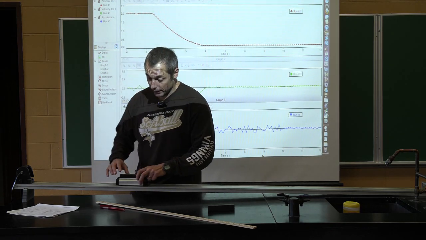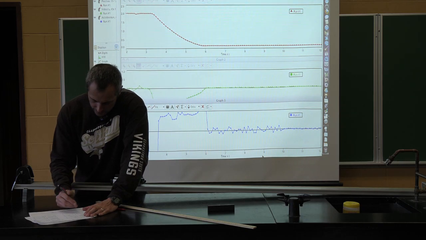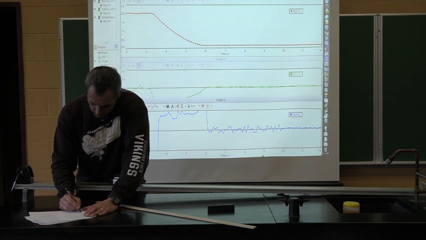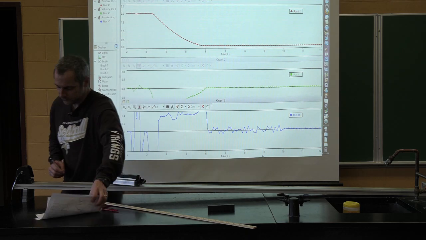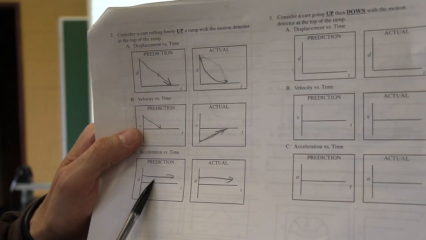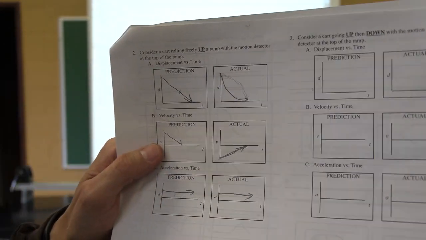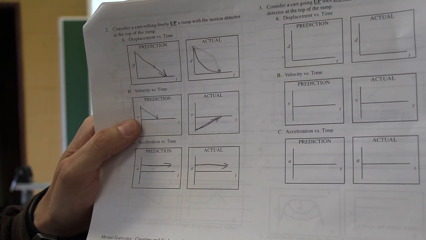Oh, by the way, let me show you the idealized graph. It would look like this. Look, this time I was actually right. Oh, that's good. I pat myself on the back. But the actual is straight across positive, okay?